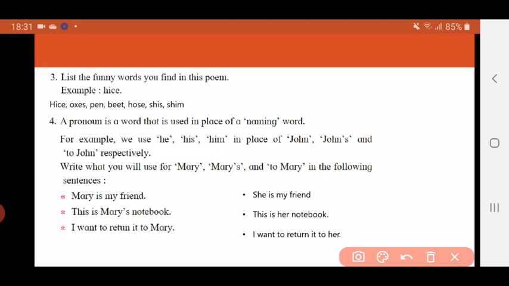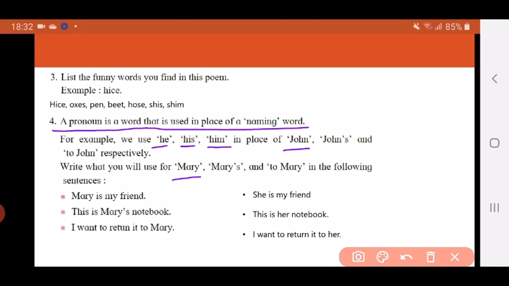Fourth one. A pronoun is a word that is used in place of a naming word. For example, I told you if it is a boy, for example, John, instead of using his name again and again, we can use he, his and him. Now, let us try doing it for a girl called Mary.